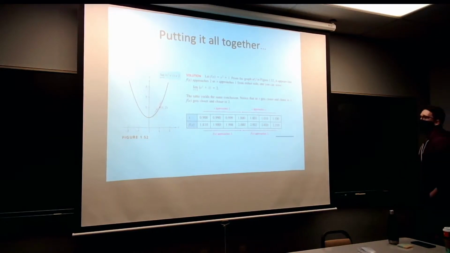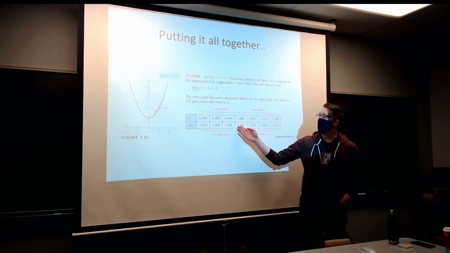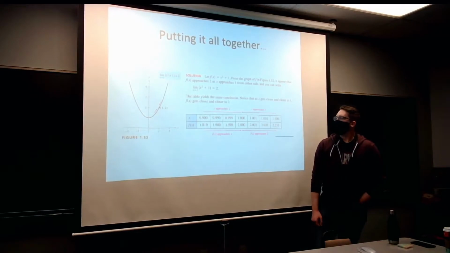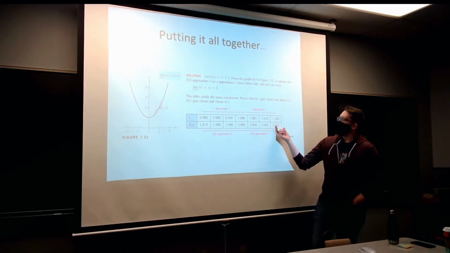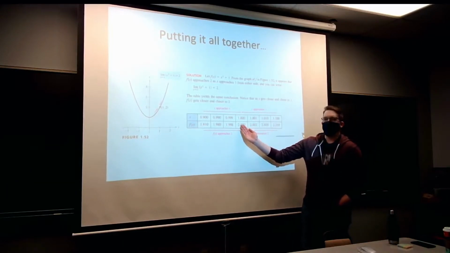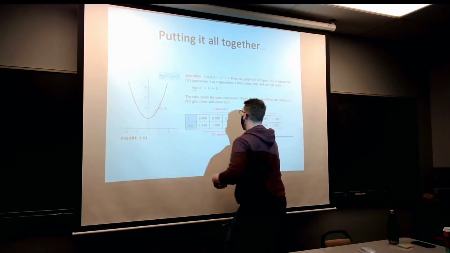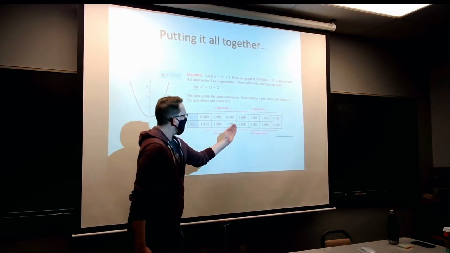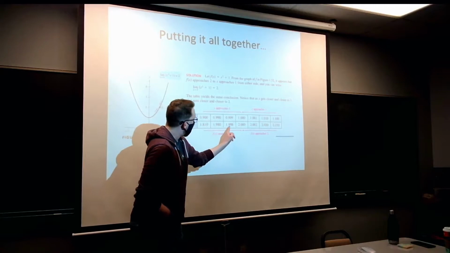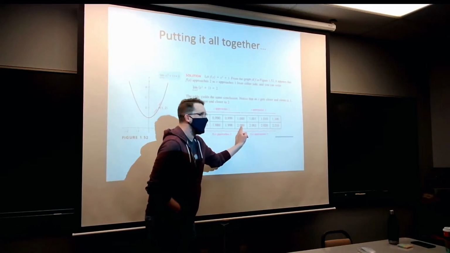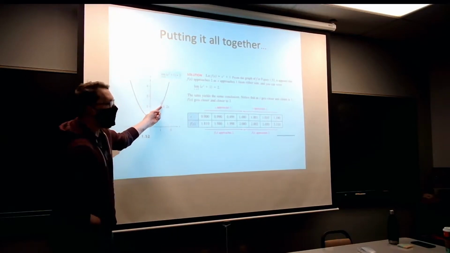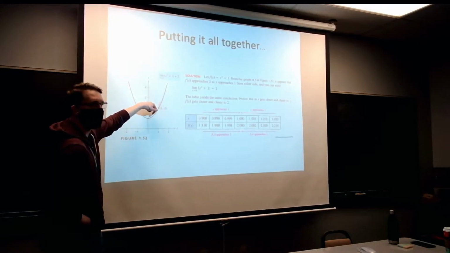So comparing these two methods, the tabular numerical method and this graphical method, they're kind of saying the same thing, right? What we're getting at is, as we move from the right towards x is equal to 1, and as we move from the left towards x is equal to 1, our function gets closer to 2, right?